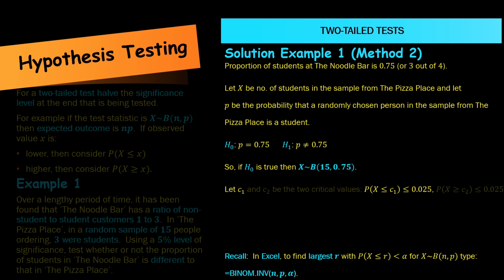And now for the other inequality. Let C1 be the critical value such that the probability of x less than or equal to C1 is less than or equal to 0.025. In Excel, in order to find the largest r with the probability x less than or equal to r less than alpha for x distributed binomially, we type equals binom.inv open bracket n comma p comma alpha.